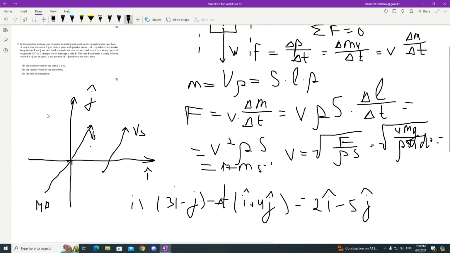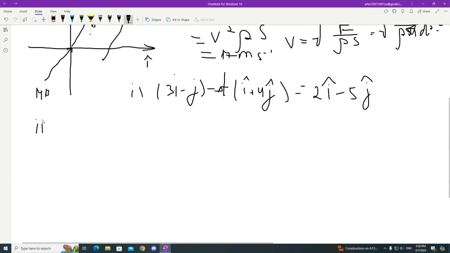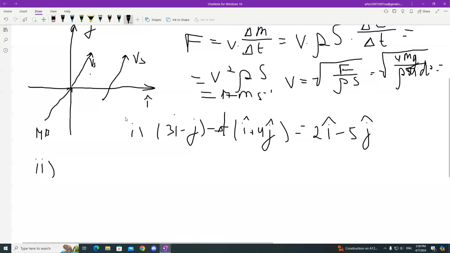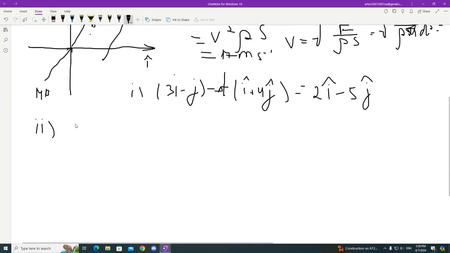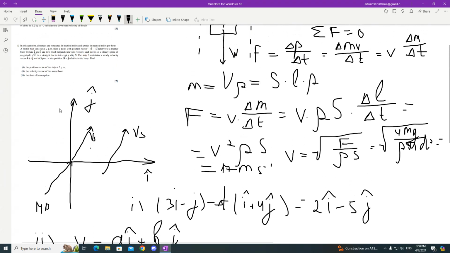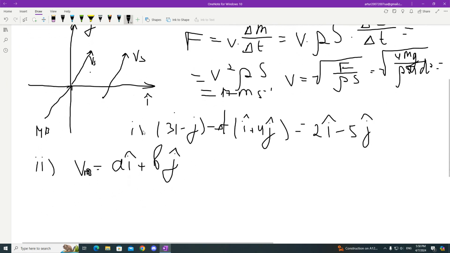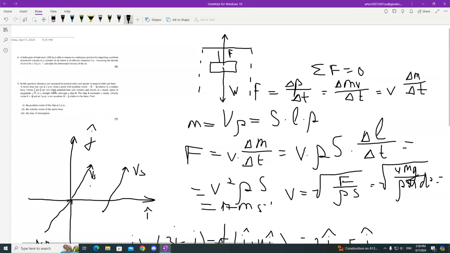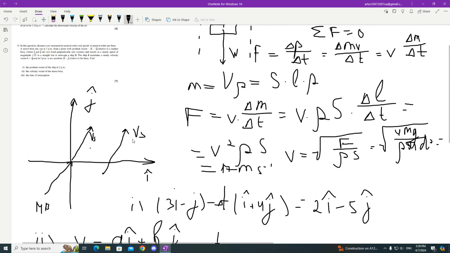Second one, the velocity vector of the motorboat. It's harder, but still, first of all, we assume that the velocity vector has the form ai plus bj, because the expressions show unit vectors. So the velocity vector of the motorboat is ai plus bj. How can we solve it? We know that the two ships will intercept at some moment of time, and let's call the time between 2 p.m. and the time of interception t. So at some moment in the future they both will have the same position.